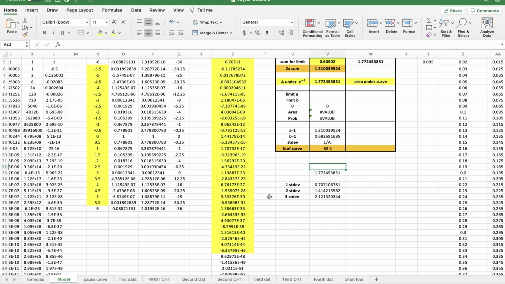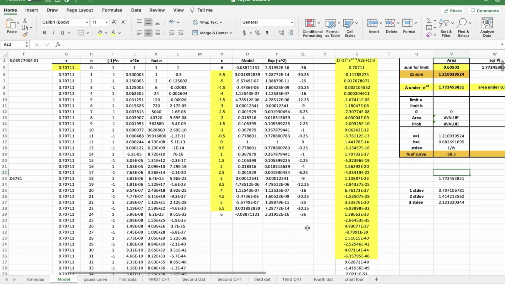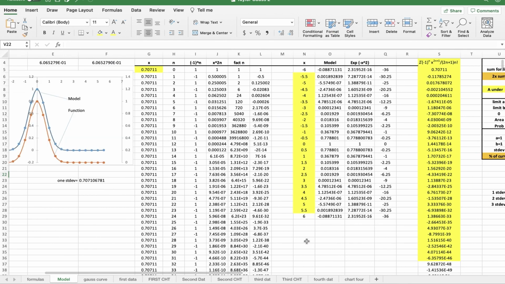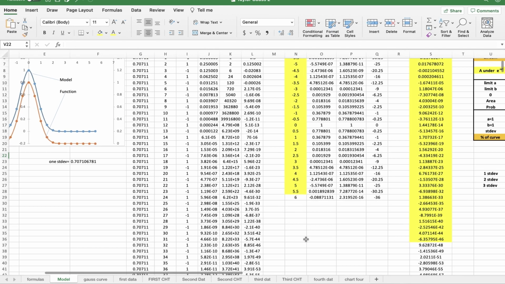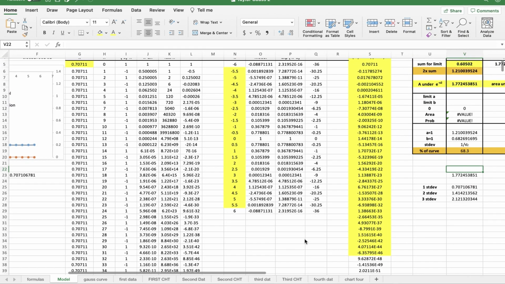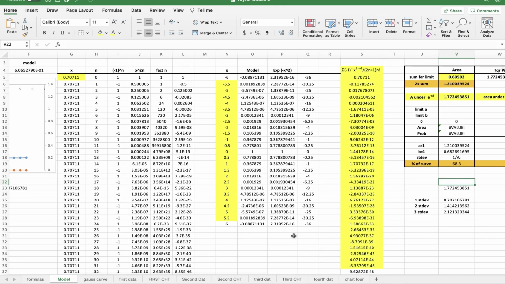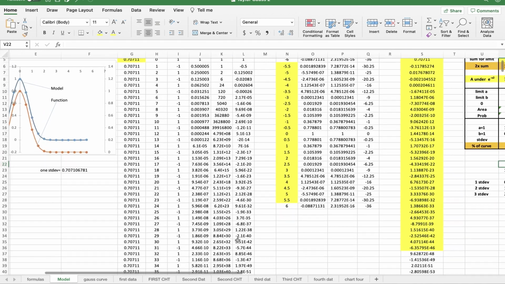And the other great thing about the model, using the integral of the Taylor series, is that you can integrate between 2 x values. Let's say x equals 0.5 to x equals 1.5.